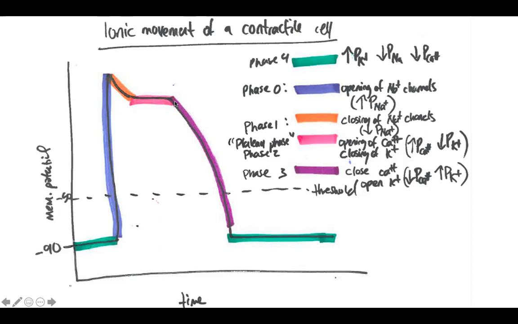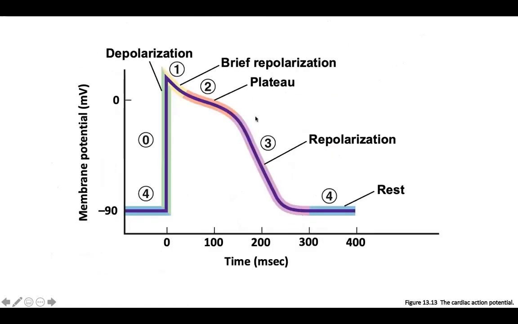So the membrane potential becomes more negative. This is where we have repolarization of the cell, and we go right back down to phase 4, which is our resting state, all the way at the bottom here, -90. Okay, so similar events being shown here. We start with phase 4, phase 0, phase 1, phase 2 being that plateau or stalling phase, and then phase 3 being repolarization.